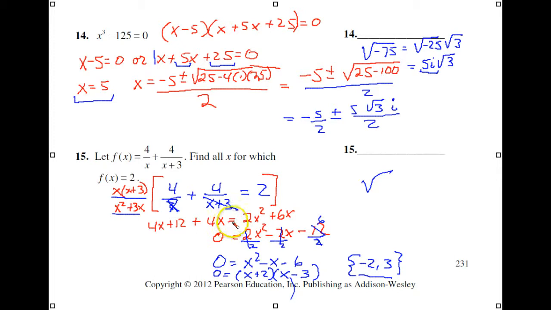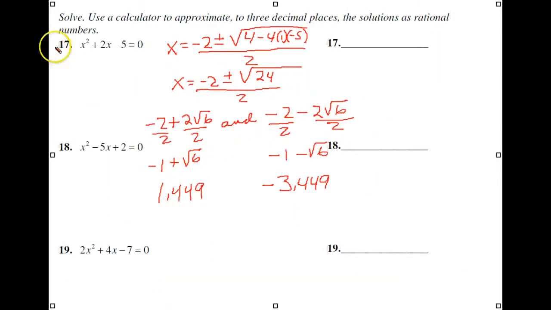Then we had completing the square. And then we have the quadratic formula. So a number of things going on here. All right, to do number 17, again, what they want here is to use your calculator to approximate to 3 decimal places the solutions.